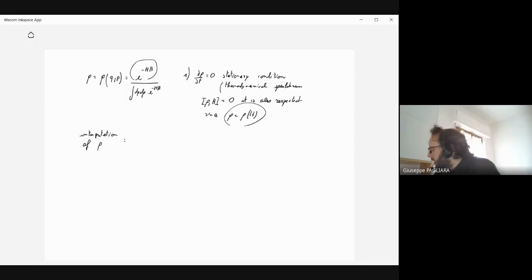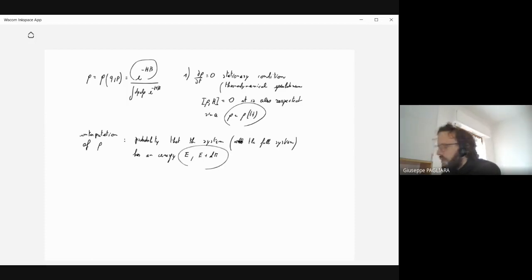Now, in this case, it is not a constant, as I said before, but an exponential, e to the minus h beta, and basically it is the probability that the system, by system I mean the full system, not one particle, has an energy between E and E plus dE.